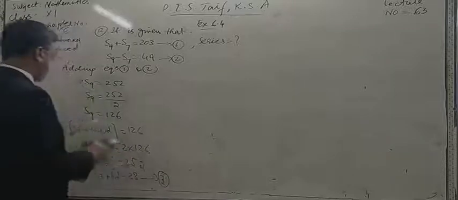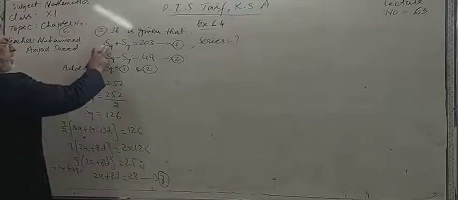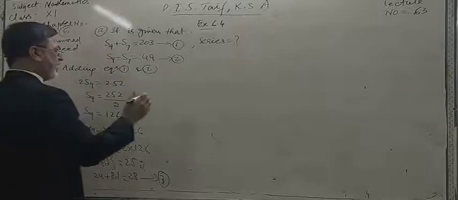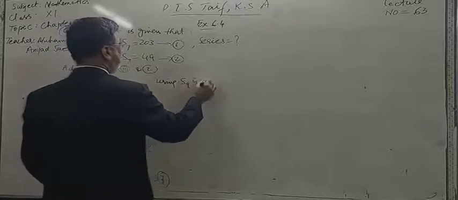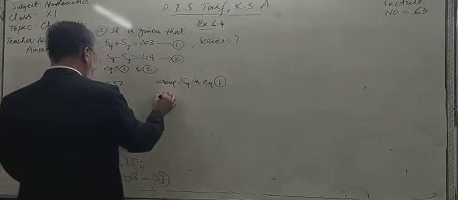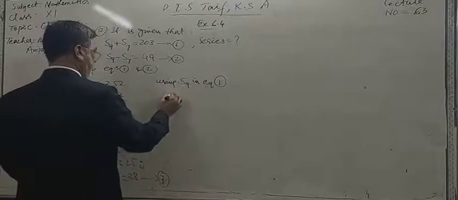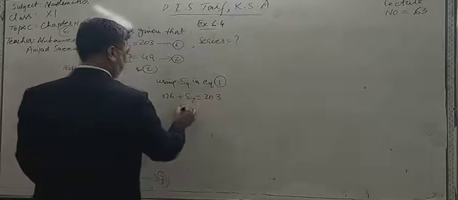Similarly, using this S9 in equation number 1 to find S7. So this is 126 plus S7 is equal to 203.